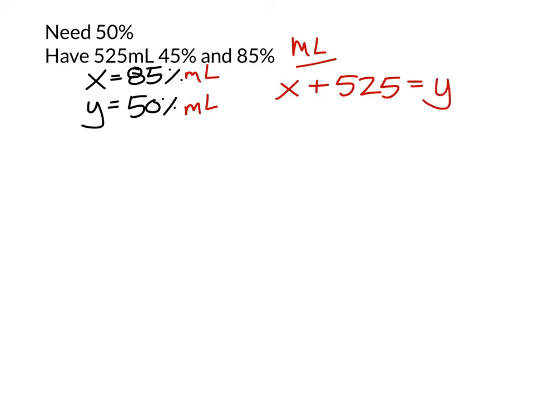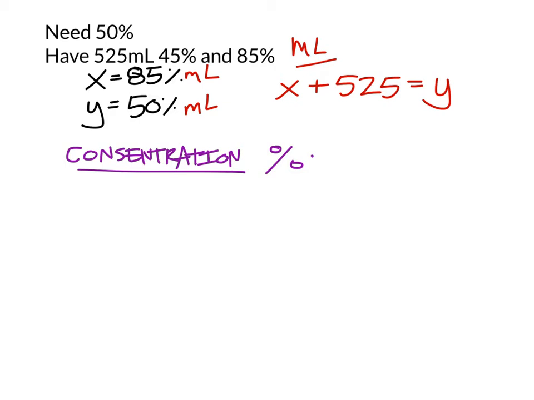So next up, we're going to look at concentration. And I forget what I saw when I looked up on this stuff on Google, volume, concentration, whatever. In any case, what I'm going to do is I'm going to take the percent and I'm going to multiply it by the actual volume that we have.